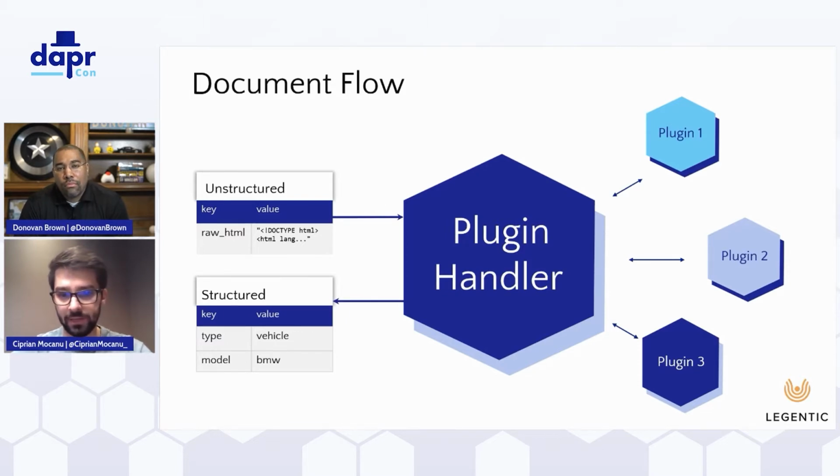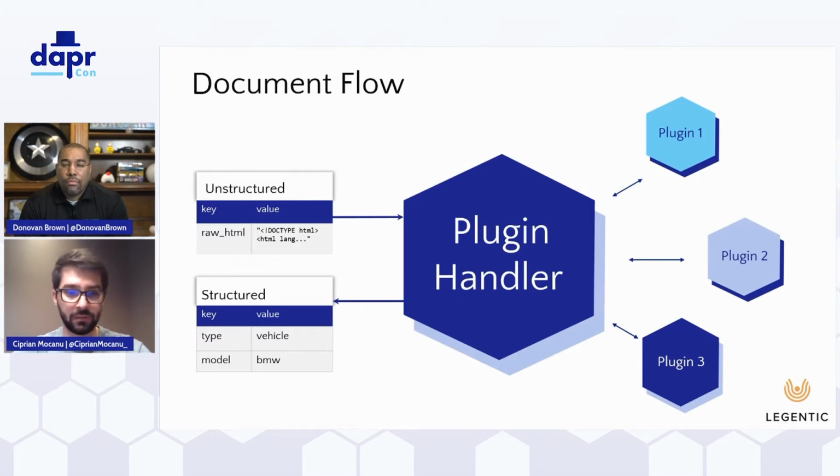So as you can see here, we have a bunch of plugins, and I call them 1, 2, and 3 because they have to follow a certain path, right? Because let's say plugin 2 requires a result from plugin 1 to be able to do its work. And so here, when the unstructured data comes in, the plugin handler calls plugin 1, receives back the response from plugin 1, sends it to plugin 2, and so on, going through all the plugins that we're going to have in the future.